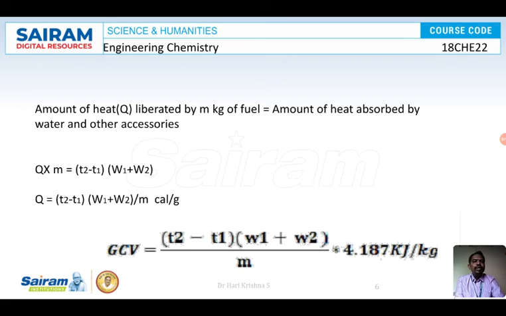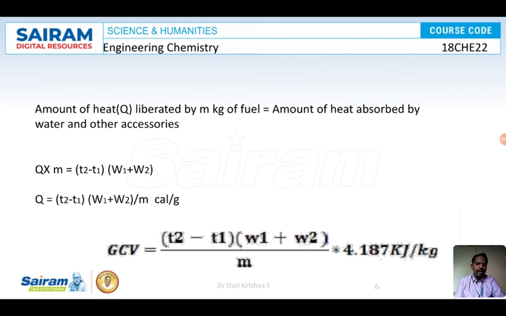How do you measure amount of heat absorbed by water and other accessories? The amount of heat absorbed by water is known by difference in temperature. Final temperature minus initial temperature, it is T2 minus T1, it is given over here. And other accessories, what are those other accessories?